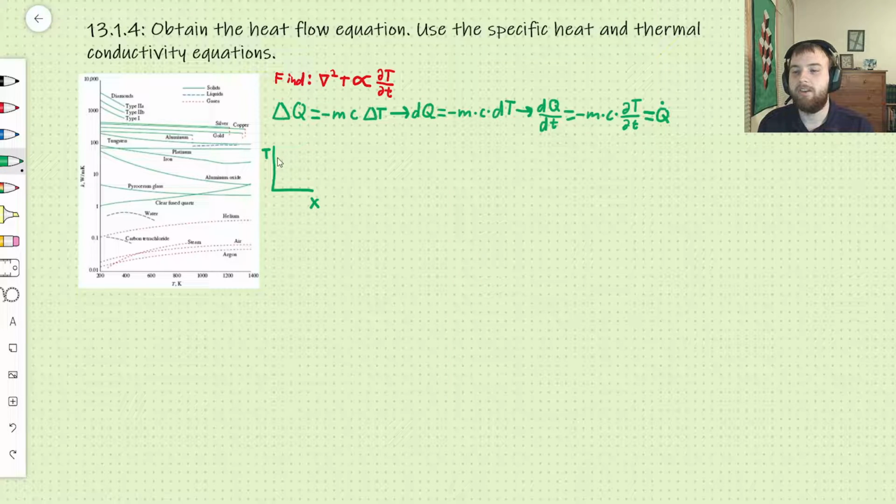If our temperature does one of these things for whatever reason, the heat will flow from a hotter place, like here or here, and it'll flow to a colder place. So the heat will go down into there and try to raise up the temperature, basically.